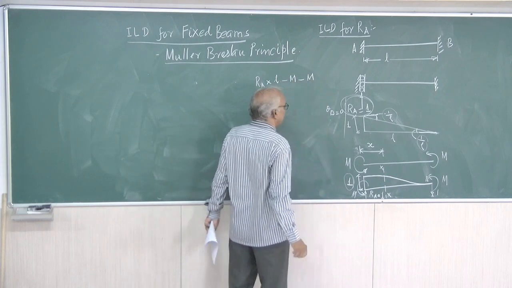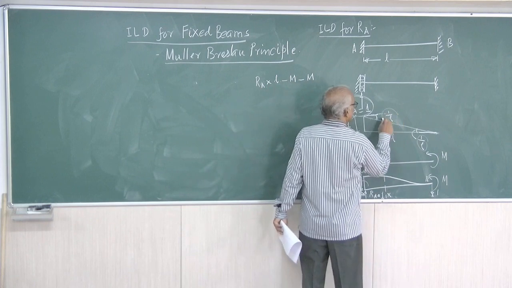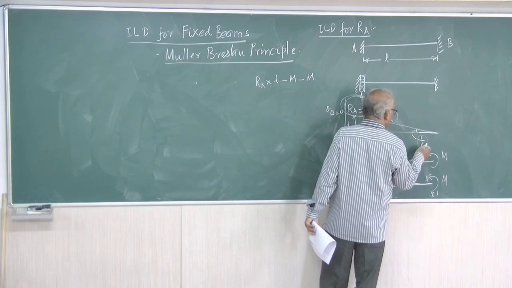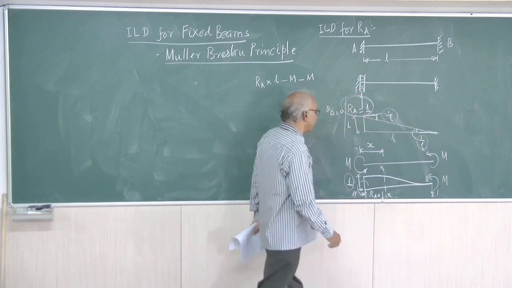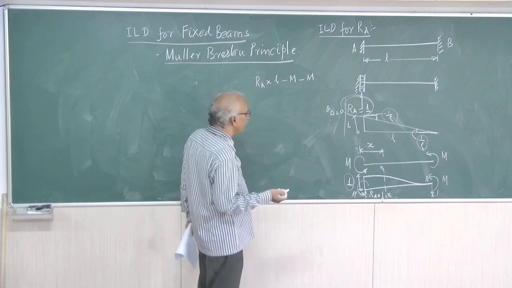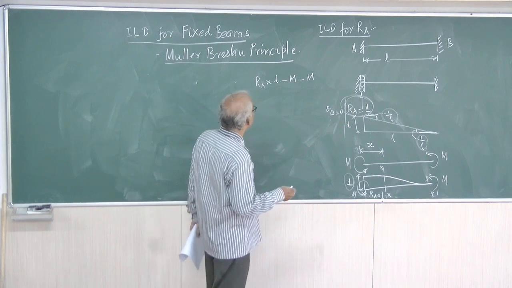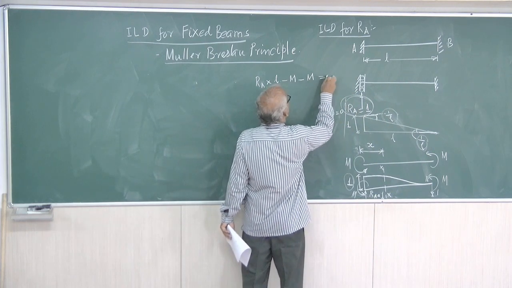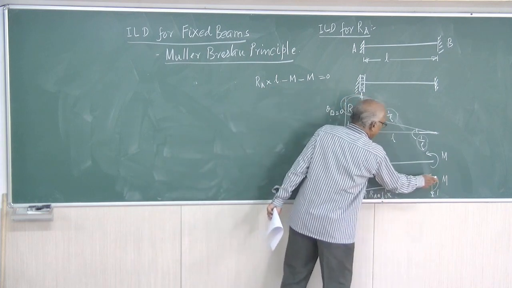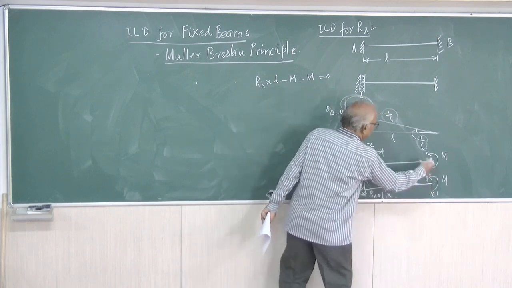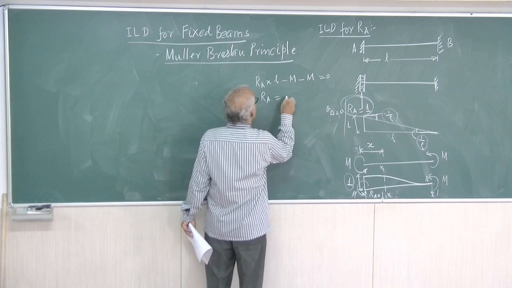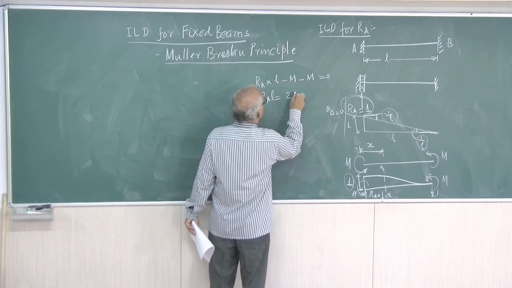because both values are equal. The slope to be made 0 is 1 by L here, and here also the slope is 1 by L. So M required at both ends will be the same. When you take moment about the right support B, it is RA into L minus 2M equal to 0, or RA into L equal to 2M.